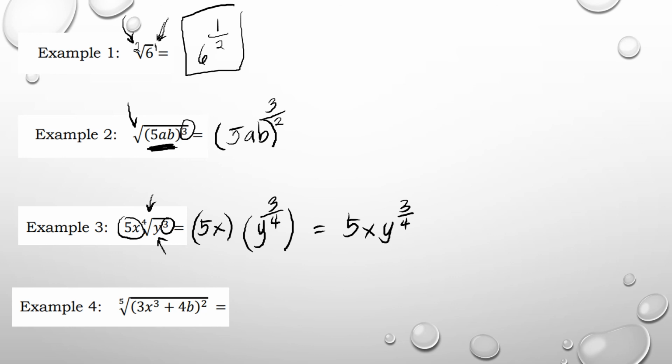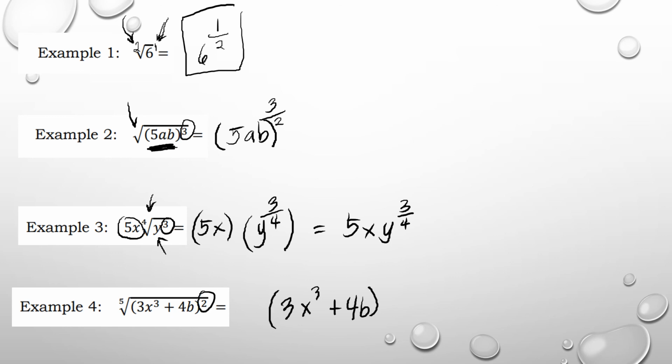Next example natin is the fifth root of the quantity of 3x cubed plus 4b squared. So, how do we transform it? So, since naka-parentheses yung radicand natin, that would stay the same. So, that would be 3x cubed plus 4b, okay, parentheses.